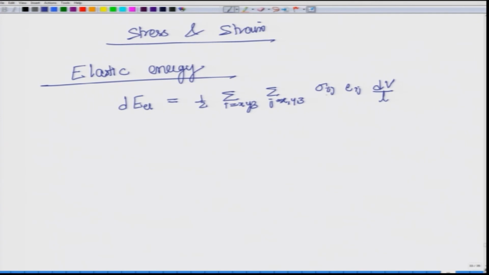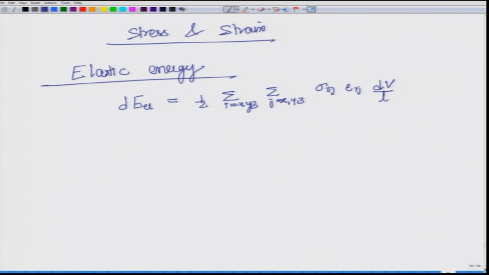So, the corresponding stress and strain components you multiply and multiply by the volume dV, and since we are talking about energy per unit length, we will have to divide it by L. So, this gives us the elastic energy per unit length for a dislocation line once we have the stress field and the strain fields, and the only thing that we need to do is basically multiply the corresponding components.